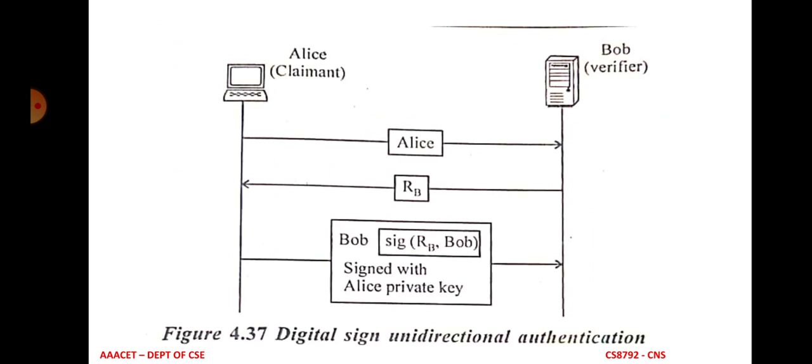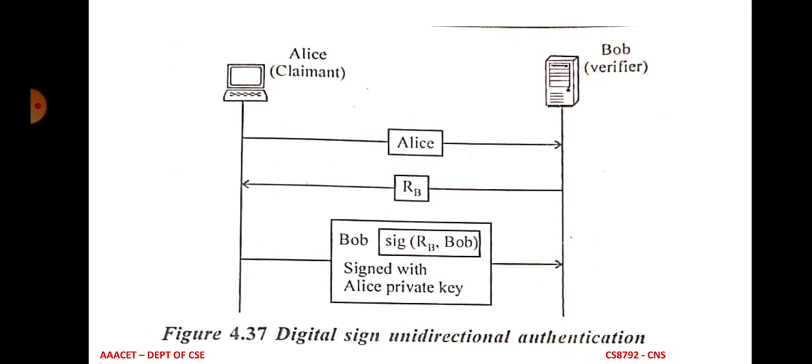So the same concept. Initially Alice sends her identity to Bob, without performing any encryption. Simply Alice sends her identity to Bob. So Bob sends the nonce of his own, RB, to Alice, and finally Alice sends the signature value, that is the signature of RB, which was signed with Alice's private key, right?